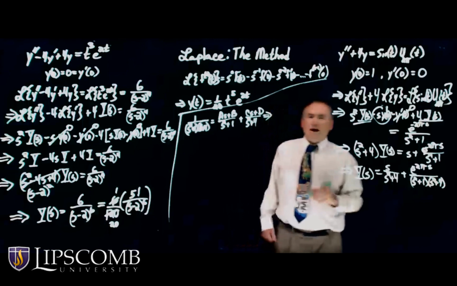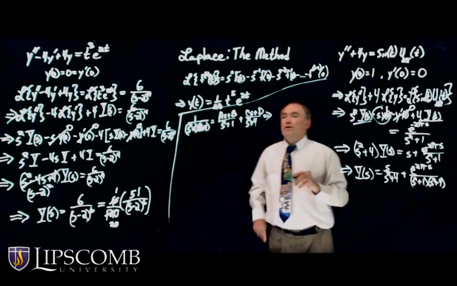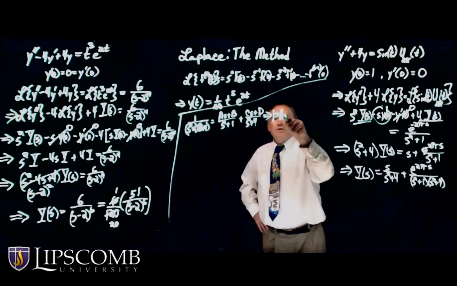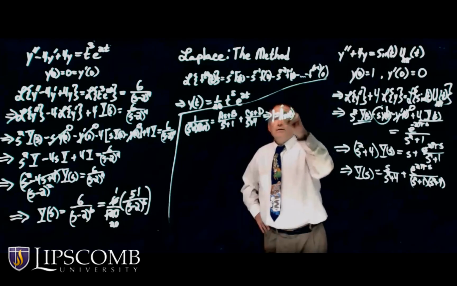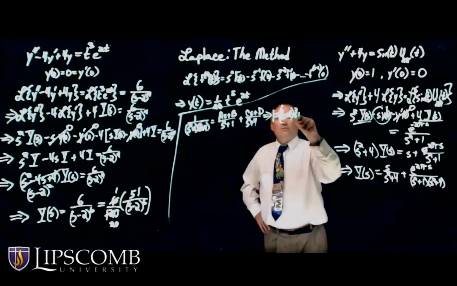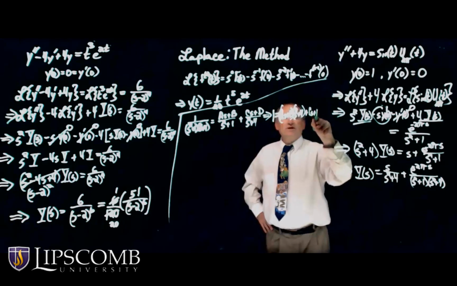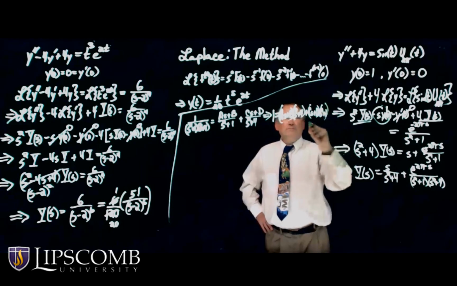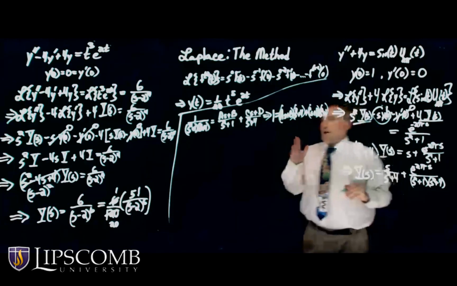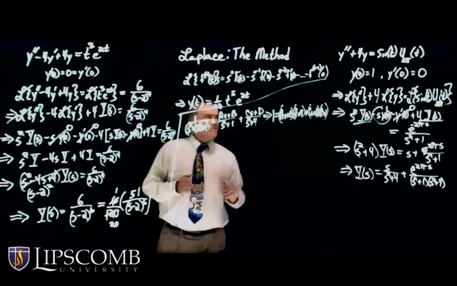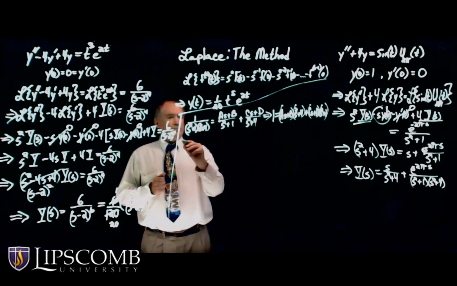Cross multiply now by the denominator, so I end up with 1 equals As plus B times s squared plus 4 plus Cs plus D times s squared plus 1. So that's what I end up with. So let's multiply everything out.